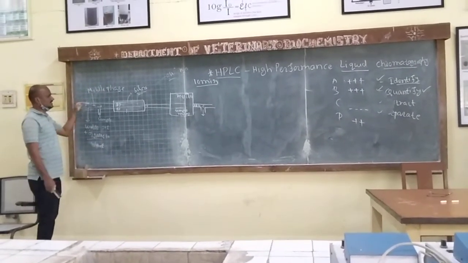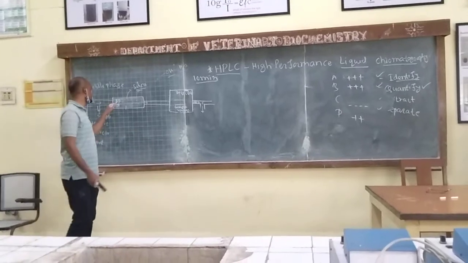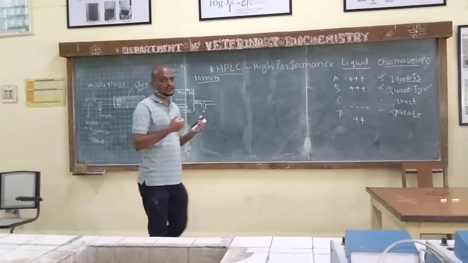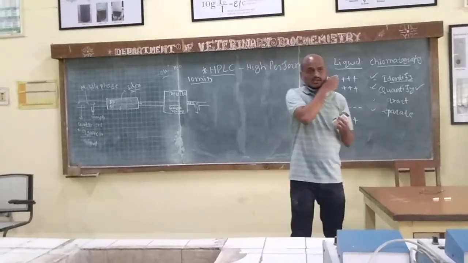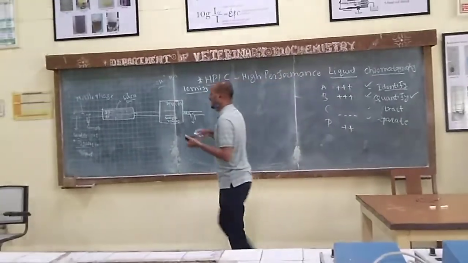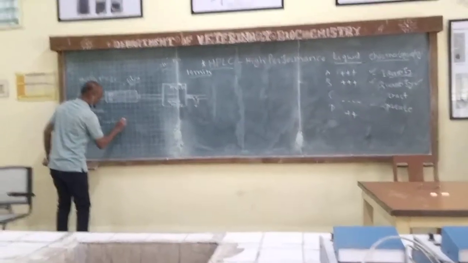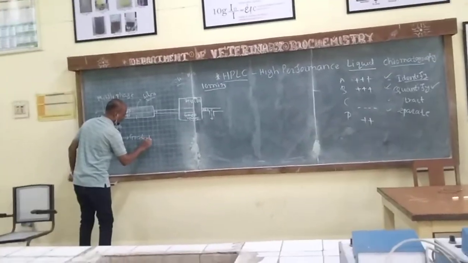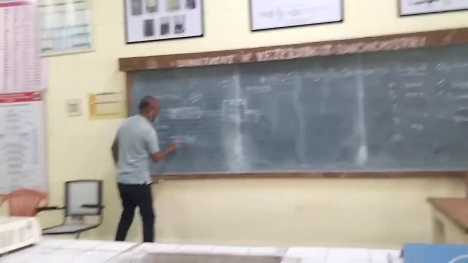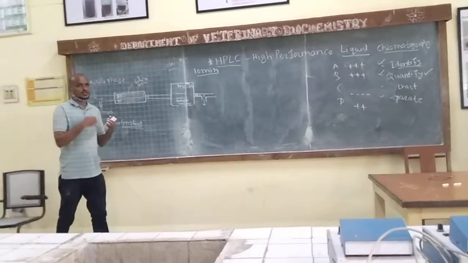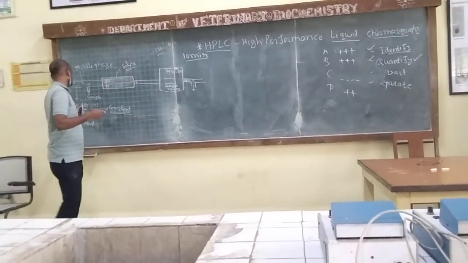So with 90% water, which compound will elute first? The very hydrophilic one, so C is eluting first. As time passes, we are creating a gradient. Gradient means we are slowly changing the concentration.